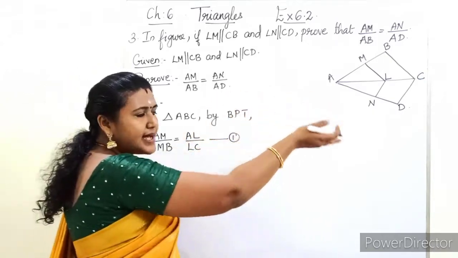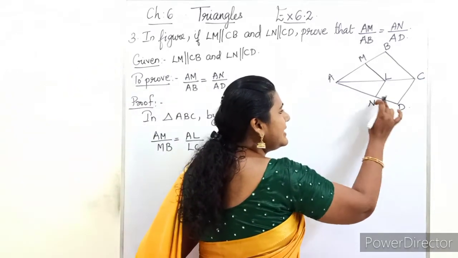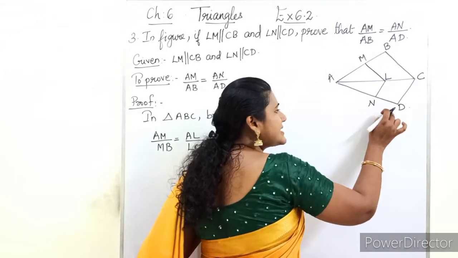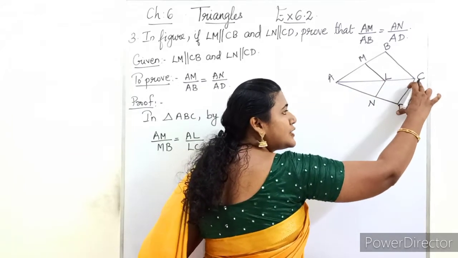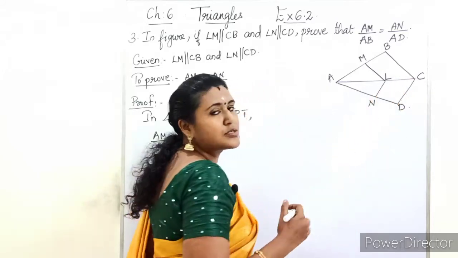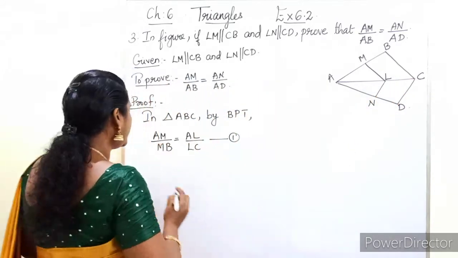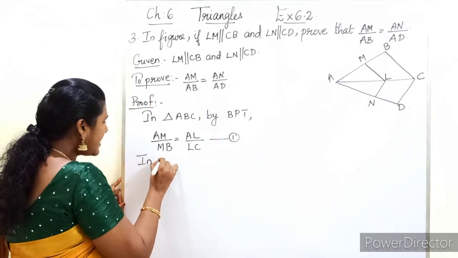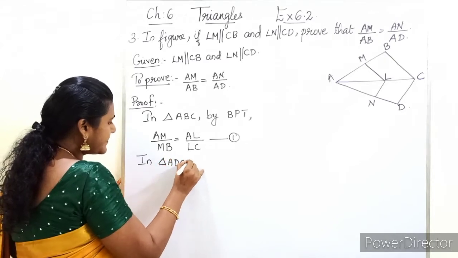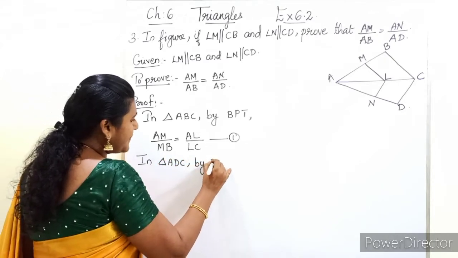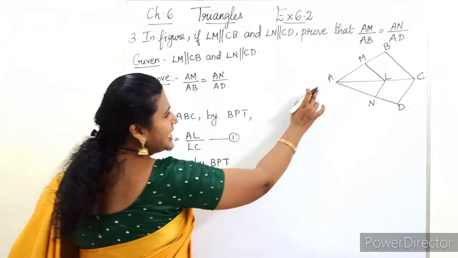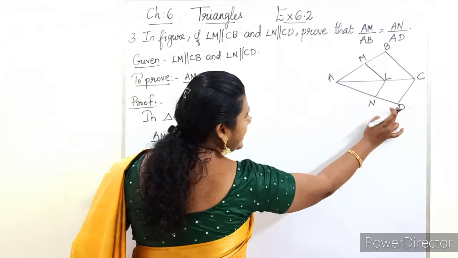Similarly, we will consider the other triangle, triangle ADC. In this triangle, LN is parallel to CD. So for this triangle also, we can use the basic proportionality theorem. So in triangle ADC, by basic proportionality theorem, we can write AN by ND.